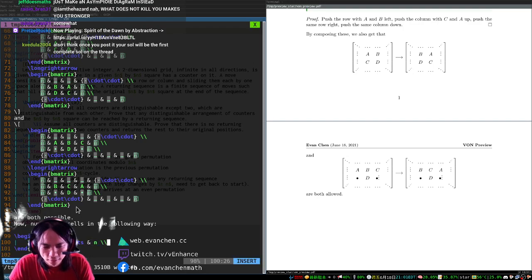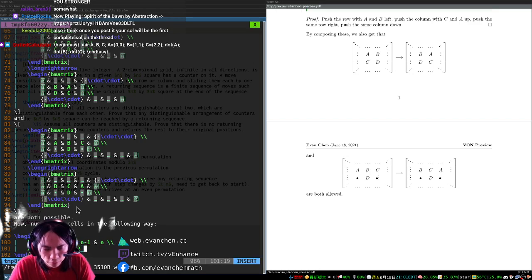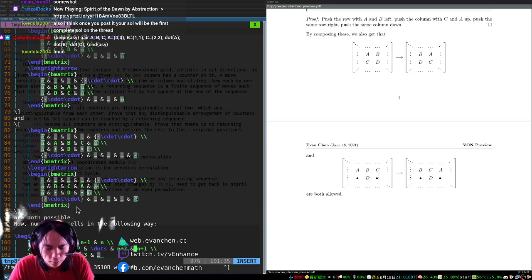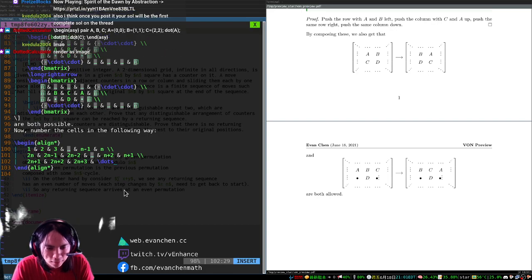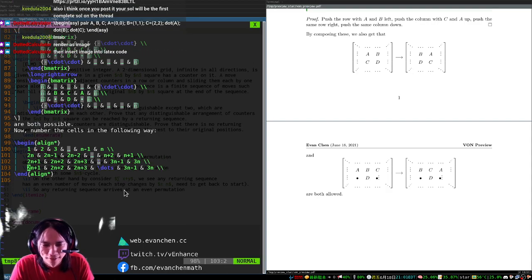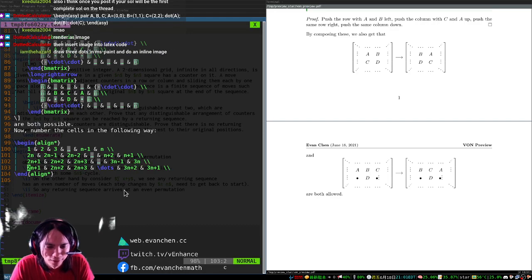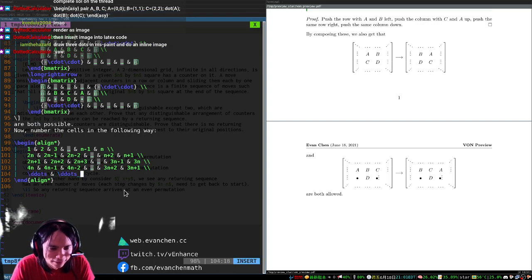Two, three, 2n, 2n minus 1, n minus 2, n minus 1, and 3n minus 1, 3n, 3n plus 1, 3n plus 2, 4n minus 2, 4n minus 1, 4n, dots. n squared minus 2n plus 1?